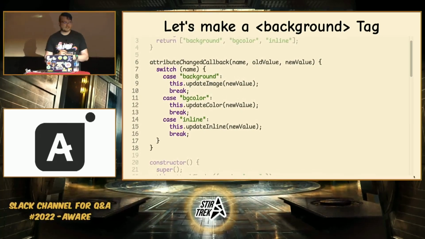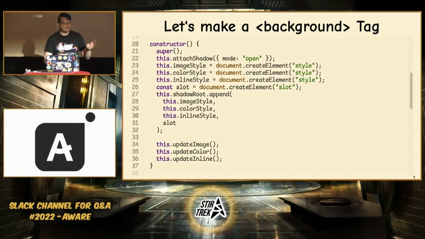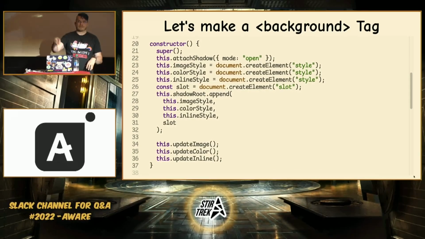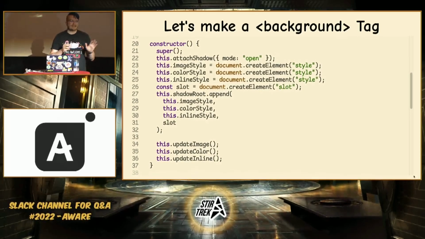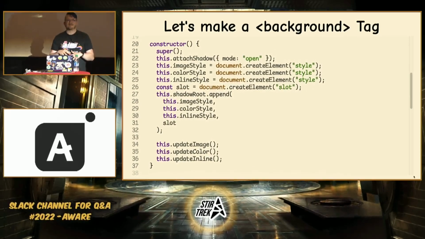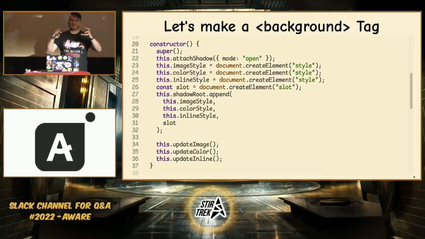Then we're going to make our constructor. Now this looks very similar to what we did already in the last example. We have our constructor, we have our super call, we have this.attachShadow. But in this case, I am making 3 style elements and 1 slot. And I am appending all of our style elements and the slot to our shadow root. And the reason that I'm doing 3 separate style elements is because rather than attempting to update one style element with all of the attributes that I need anytime any attribute changes, I just want to update the one CSS property for the thing that I'm doing, right?